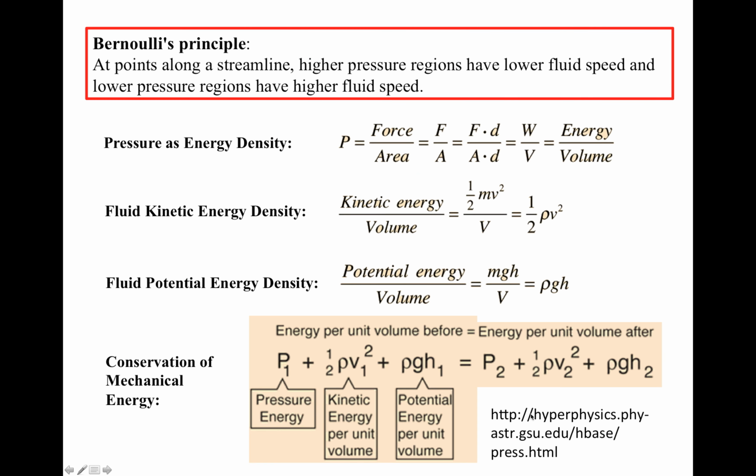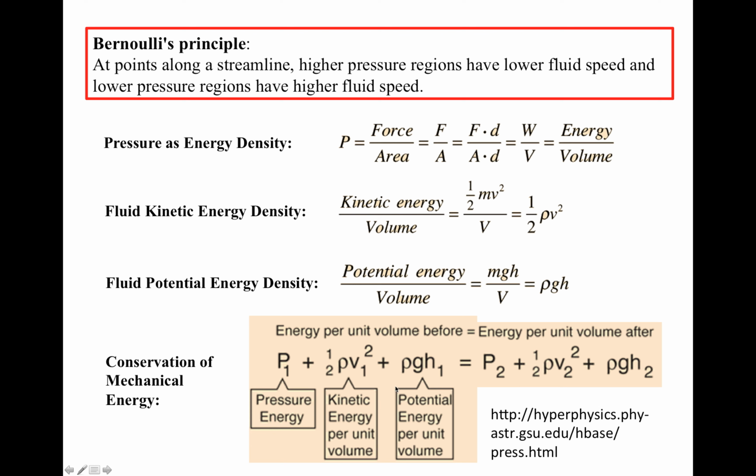With only one slight difference, which is the potential energy. But the potential energy can usually be ignored if we compare it with the other two forms of energy. It's much smaller than the other two energy types.